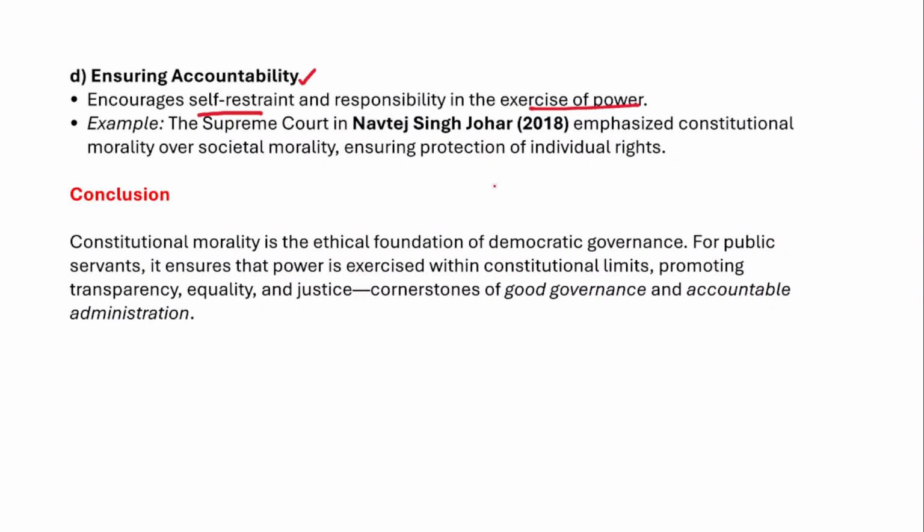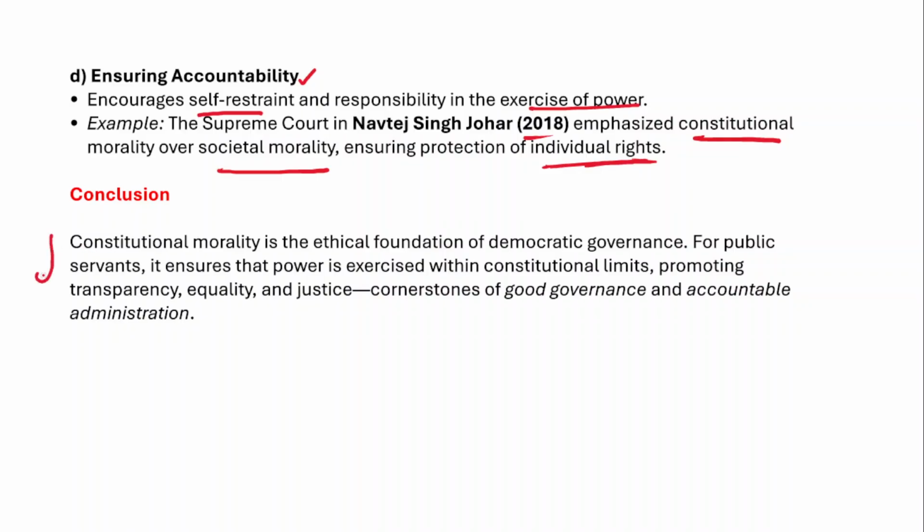For example, Supreme Court in Navtej Singh Johar case of 2018 has emphasized the constitutional morality over the societal morality, so thereby ensuring protection of the individual rights, right? So this is how you have to include examples in almost each of these points.